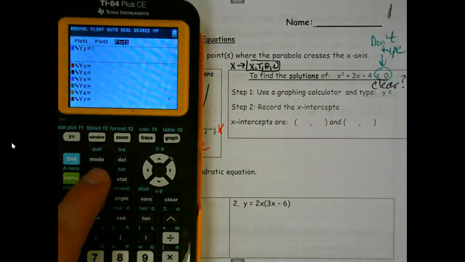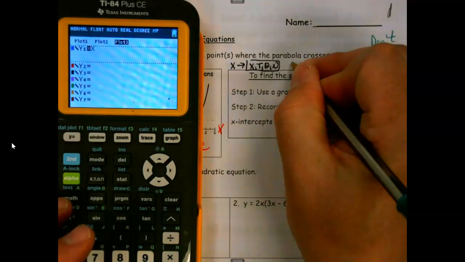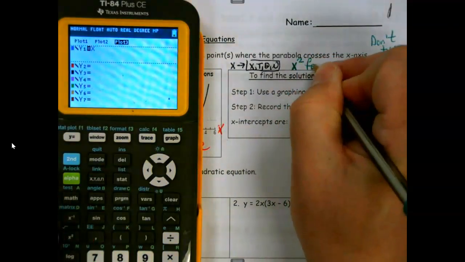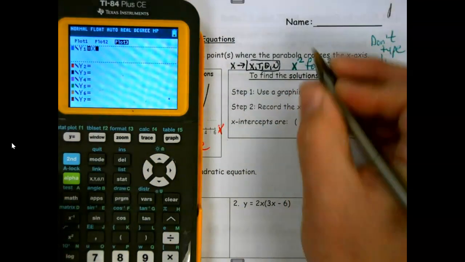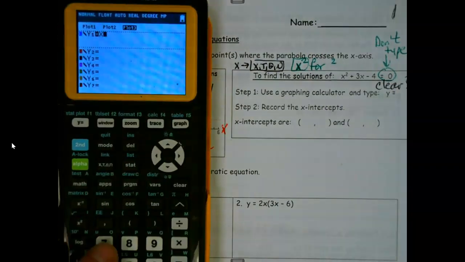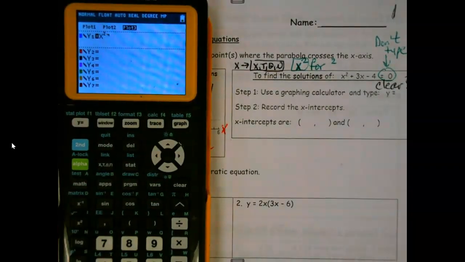Okay, that'll give me my x. We're going to type the x squared button here, the one that's kitty corner from 7. That'll get me my squared. Everything else is pretty much stuff we've done before. And again, we don't need the equals, we don't need the 0.